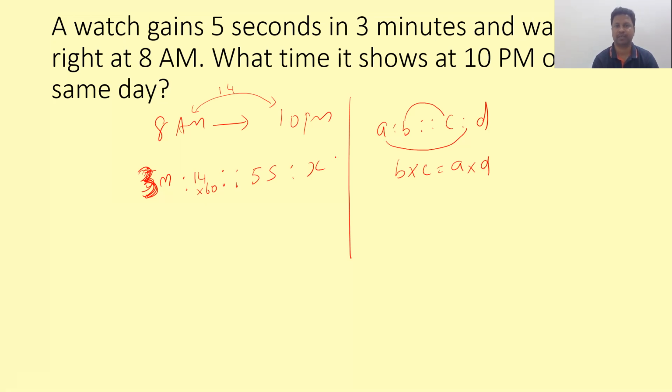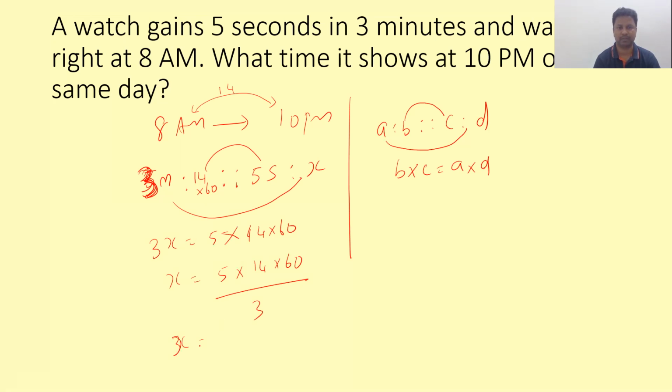So what is the gain? Product of mean values equals product of extreme values. So 3x equals 5 into 14 into 60. So x equals 5 into 14 into 60 divided by 3. If you get the x value, the answer is 1400.